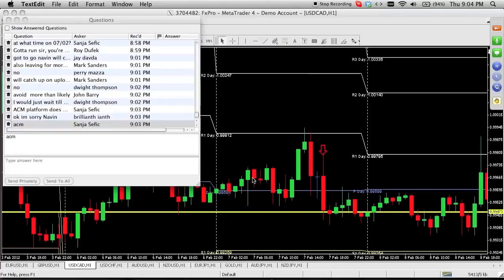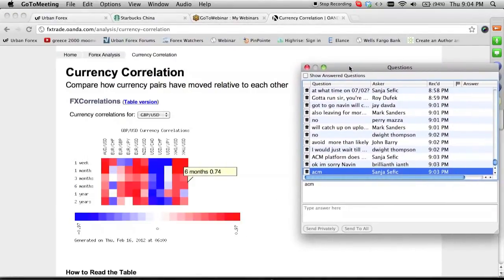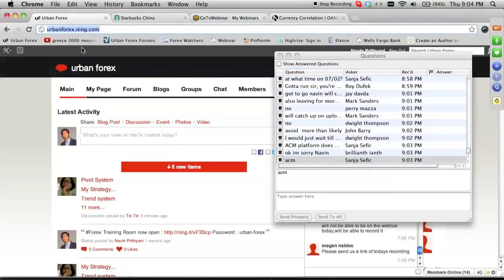Again, you can get the correlation chart from Oanda. Just type in Oanda currency correlation on Google. You will find it. And also make sure you are a member at urbanforex.ning.com to stay on top of the time when the next webinar will be, so you guys can join in on this.